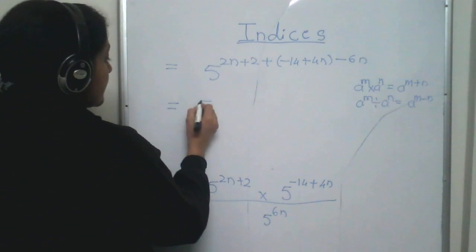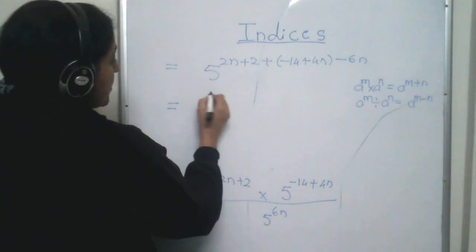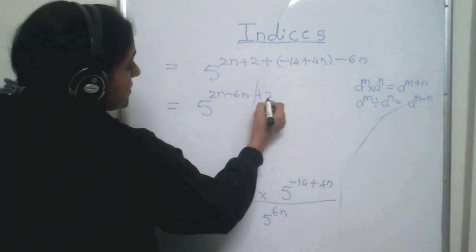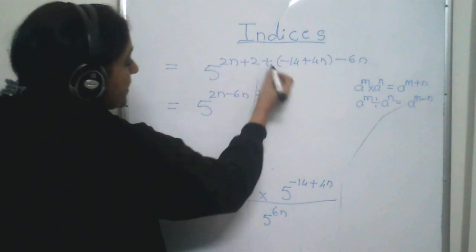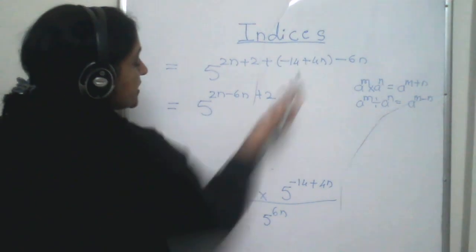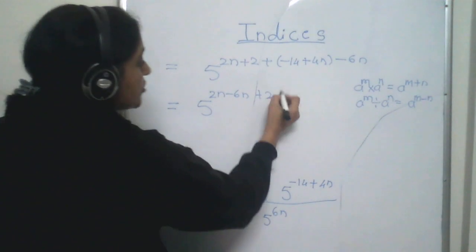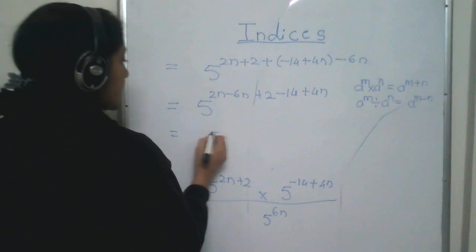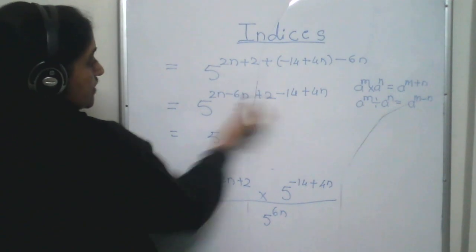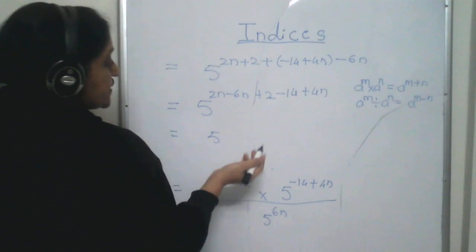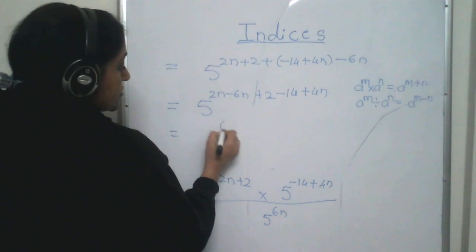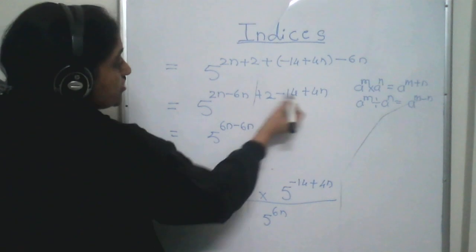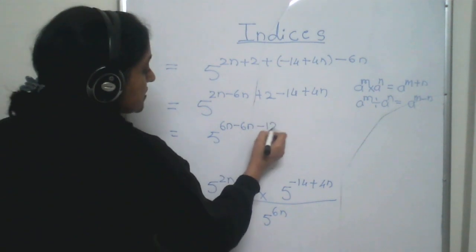Now you can see 5 to the power, bring all n together, 2n plus 4n minus 6n. Now this is plus 12. Now I am taking this term out of the bracket. It will not change any sign inside because the sign outside the bracket is positive. So minus 14 plus 4n. Now you can check, 5 to the power 2 plus 4 becomes 6, and this is minus 6. So 6n minus 6n, plus 12 minus 14.